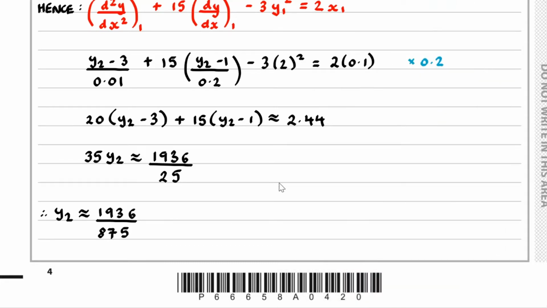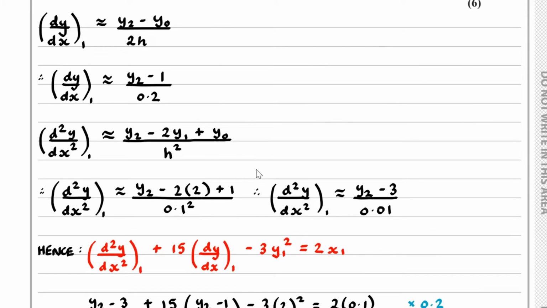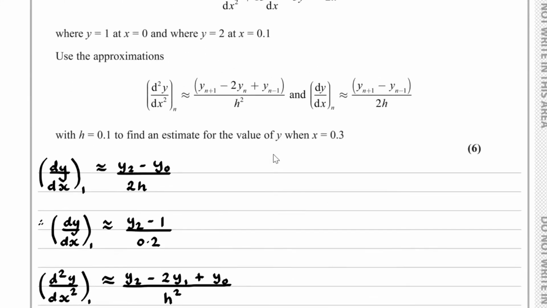Now that we know what y2 is, we can use exactly the same procedure to find out what y3 is.